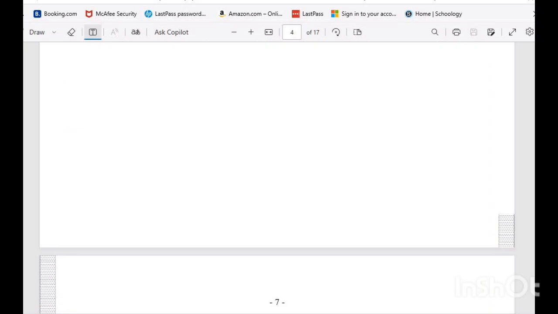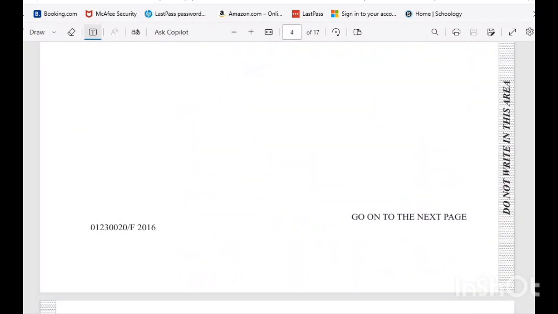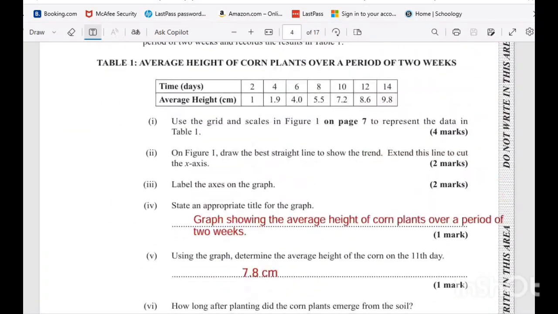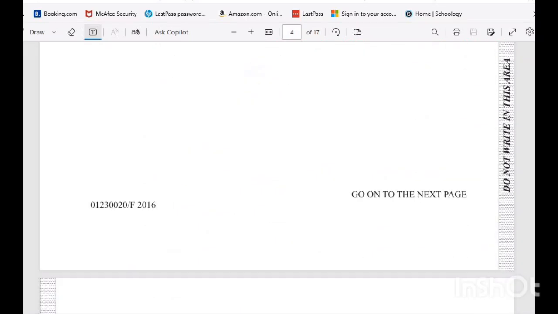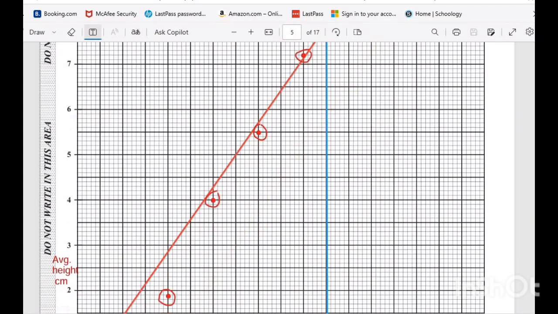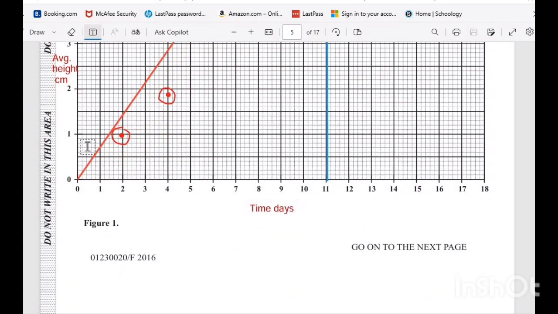So looking in our table, we know that the piece of data that would best go on that part of the graph would be time in days, because it goes up to 14, and the average height goes up to 9.8, which is 10. So that would go on the other axis, which is your y-axis, the one that runs vertically.